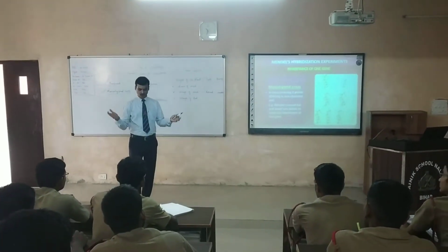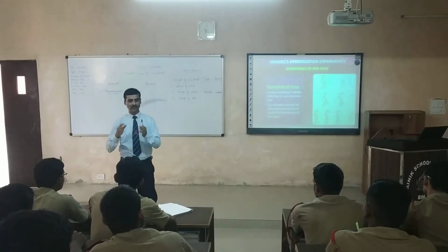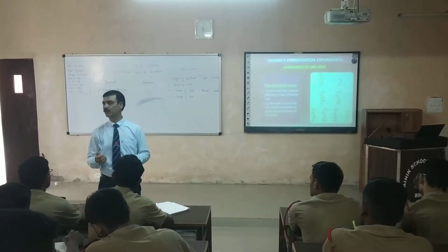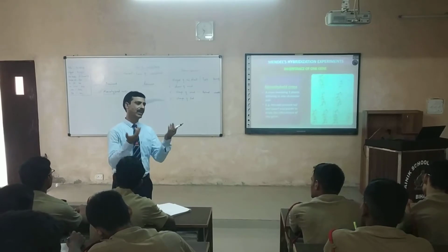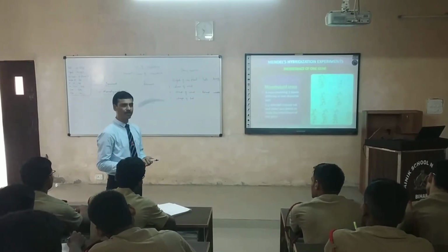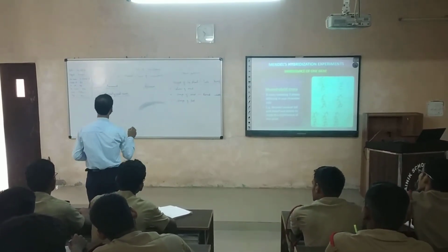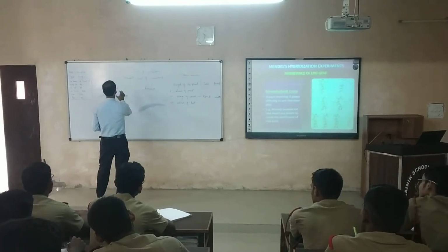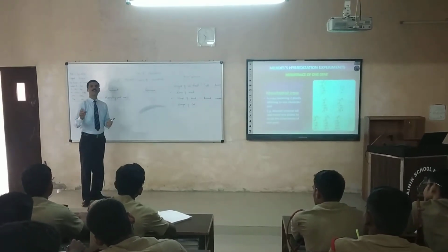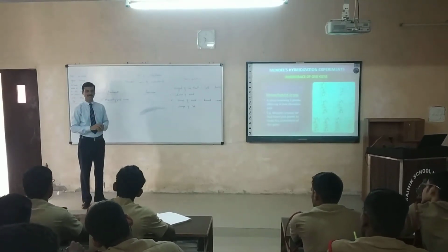Because at that time there was no cytogenetics, no cytological apparatus, no sophisticated microscope. That's why he estimated that the characters come from both of the parents in the way of dominant and recessive.